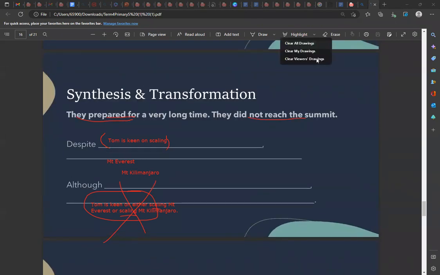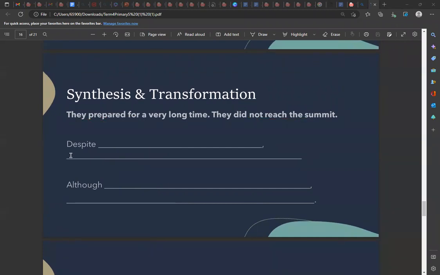We now move on to questions that start with despite. When questions start with despite, we must be careful to have a word that ends with ing after the word despite, or we could have a noun after the word despite. So for example, in this case, the answer would be, despite preparing for a very long time, they did not reach the summit.